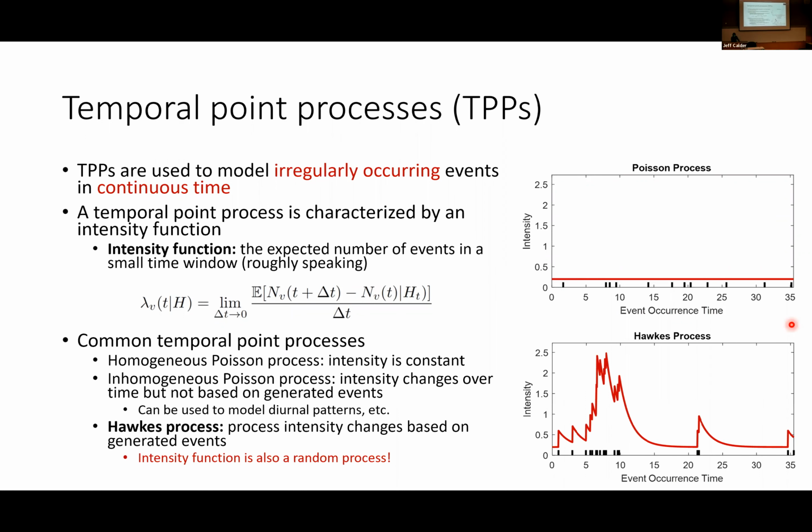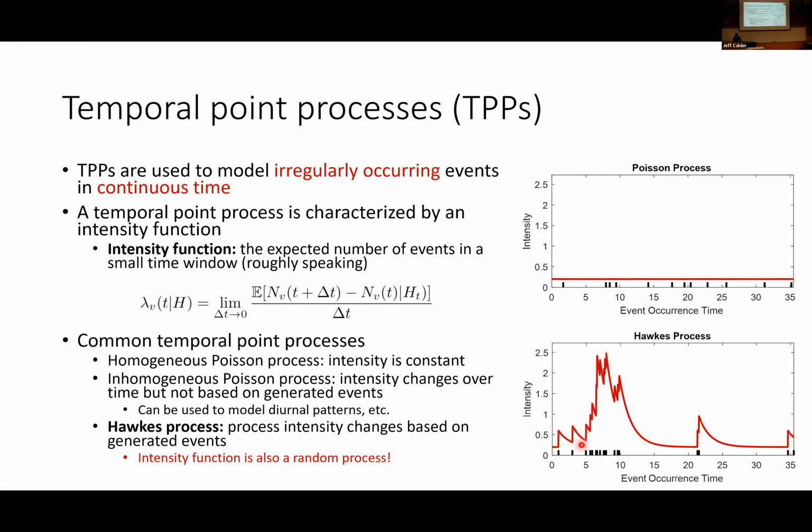And then you have a Hawkes process where the intensity of the process changes, not necessarily based on external factors, but based on the events generated by the process itself. And so the intensity function is also a random process. So notice the times at which the intensity changes, right? The intensity has these sudden jumps here, which line up with the times of the events here.